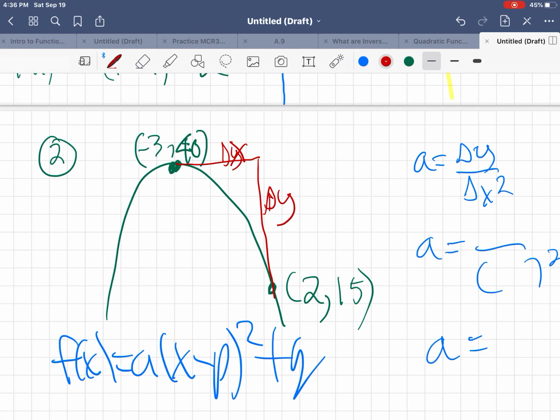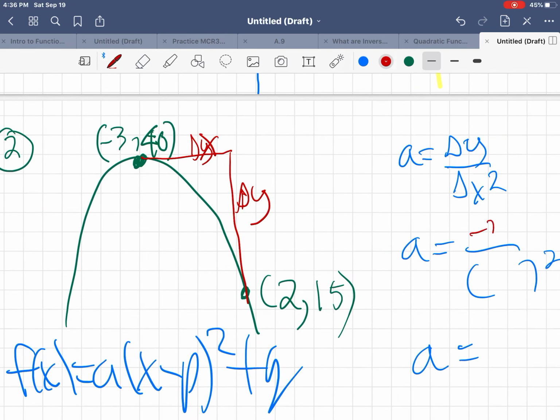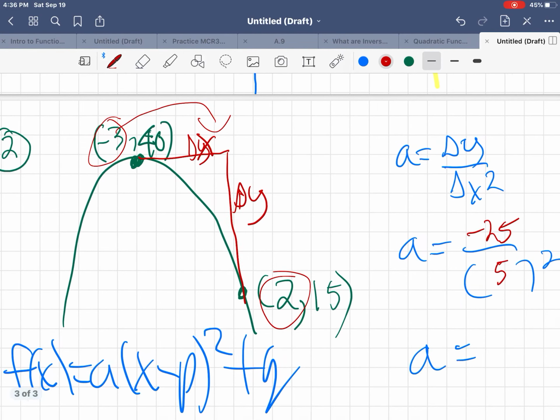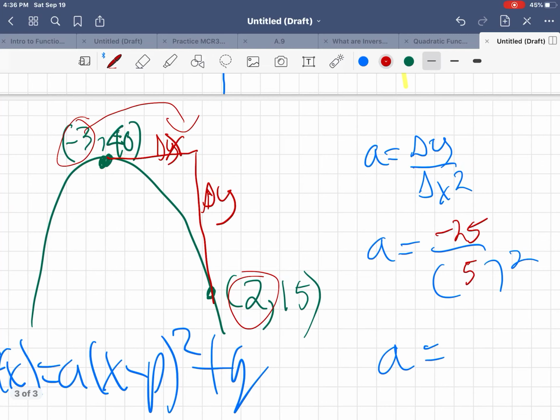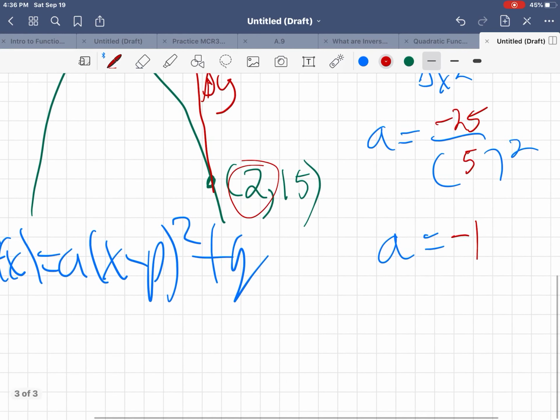So delta y is negative 25. And then delta x goes from negative 3 all the way over to 2. 2 minus negative 3 is 5, the distance from negative 3 to 2 is 5. So delta y over delta x squared is negative 25 over 5 squared. 5 squared is 25. A is negative 1.